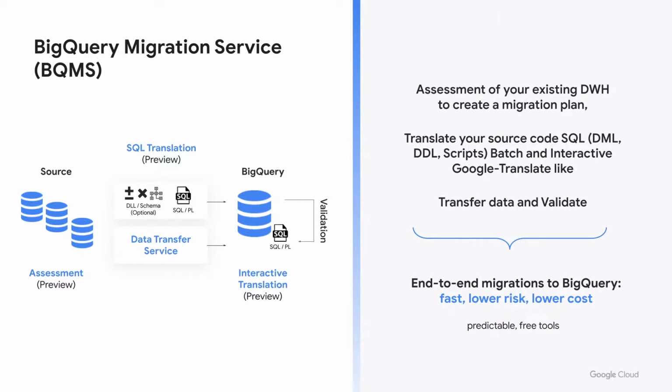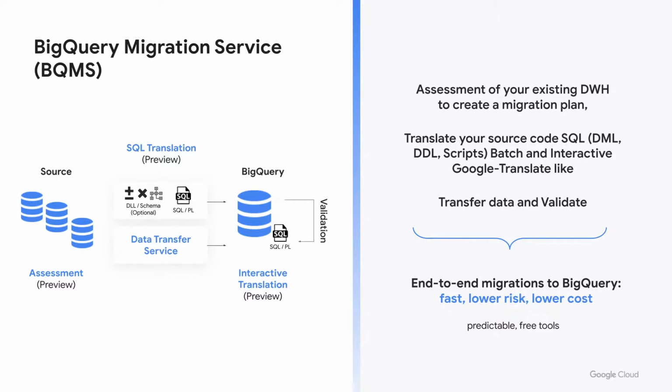The BigQuery migration service comprises of four different services: assessment, SQL translation service, the data transfer service, and the validation service. Let's give you a brief synopsis of each. The SQL translation service is in public preview for Teradata.